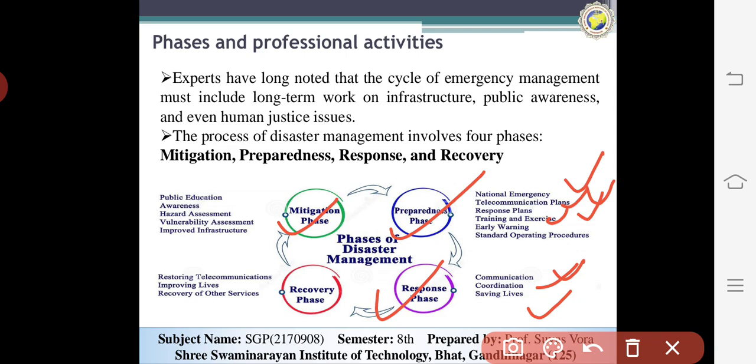And the last phase is the recovery phase. In the recovery phase, we restore telecommunications, then improve lives and recover other services.